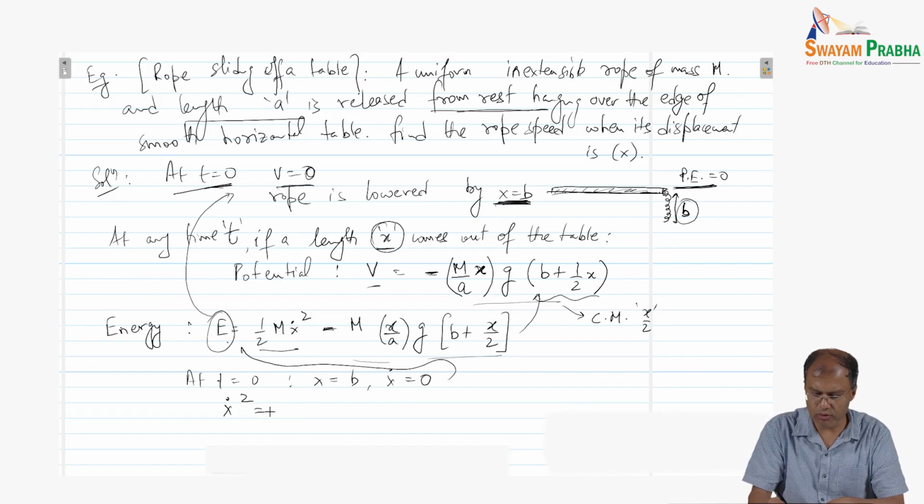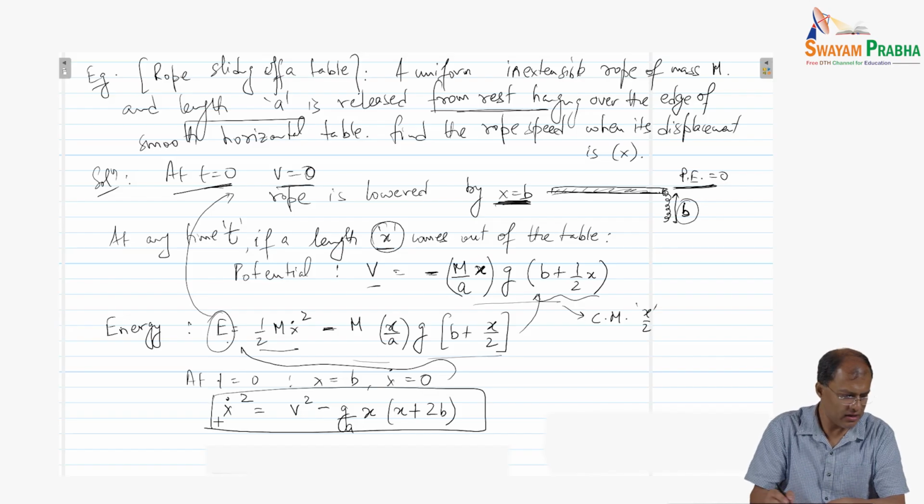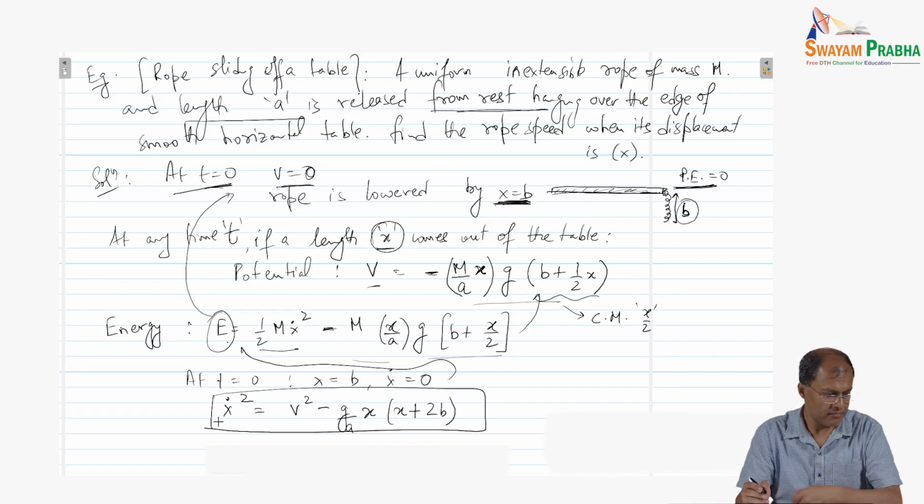So x dot square is v square equals g by a times x plus 2b. Okay, so that is what we have in terms of energy conservation.